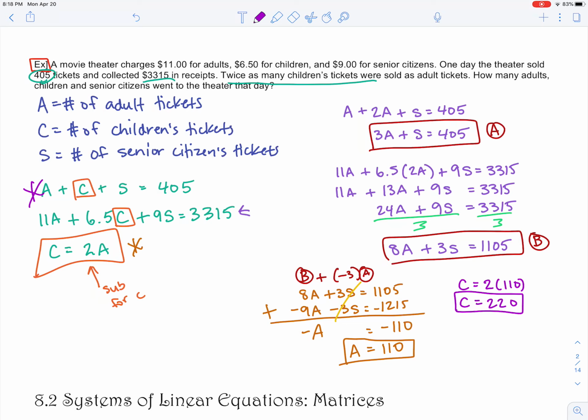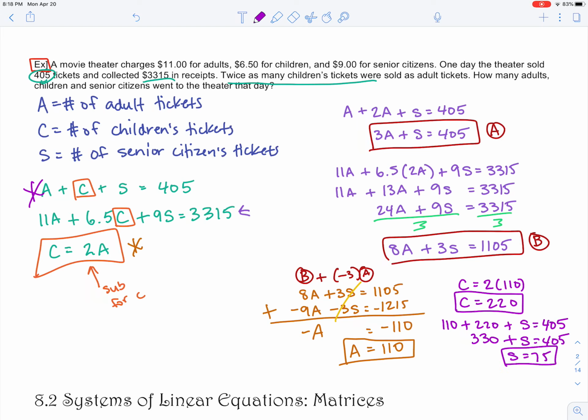We know the total, so A plus C plus S is 405. So 110 plus 220 plus S is 405. So 330 plus S is 405. Okay, subtract 330, so S is 75.